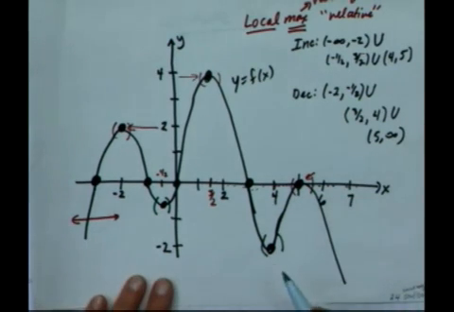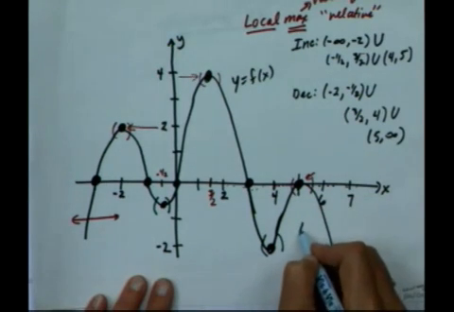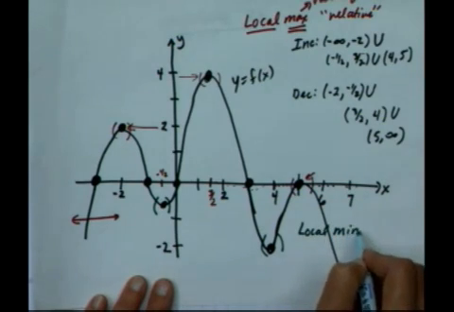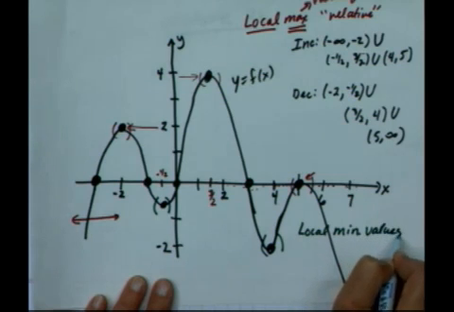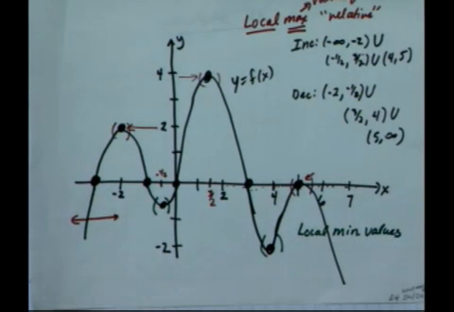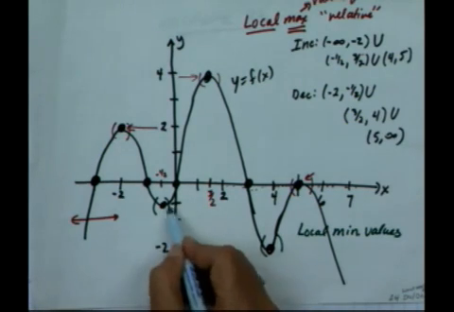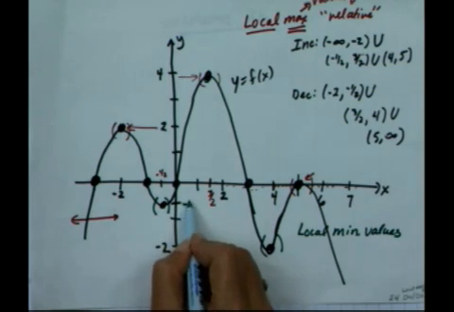So if the question says, what is the local or relative minimum values, and your book just says local minimum values or local mins, it means values of the function. So what are your local minimum values? It's kind of hard to tell. What would you guess that is? It's like negative 1/2, right?